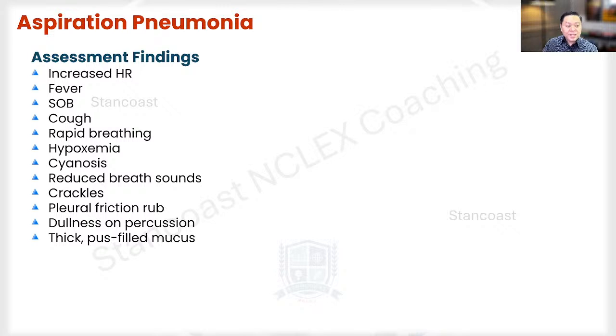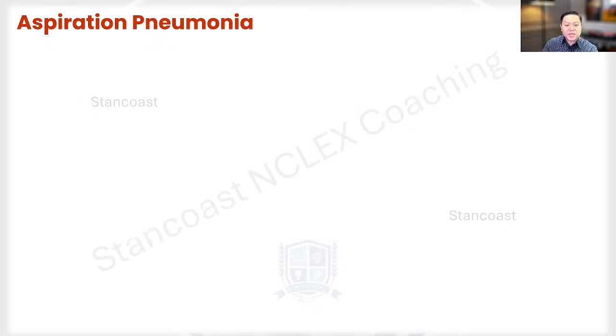Now, guys, we'll talk about the diagnostic test. And of course, you have probably already identified the chest x-ray, which is basically the key diagnostic tool for aspiration pneumonia.